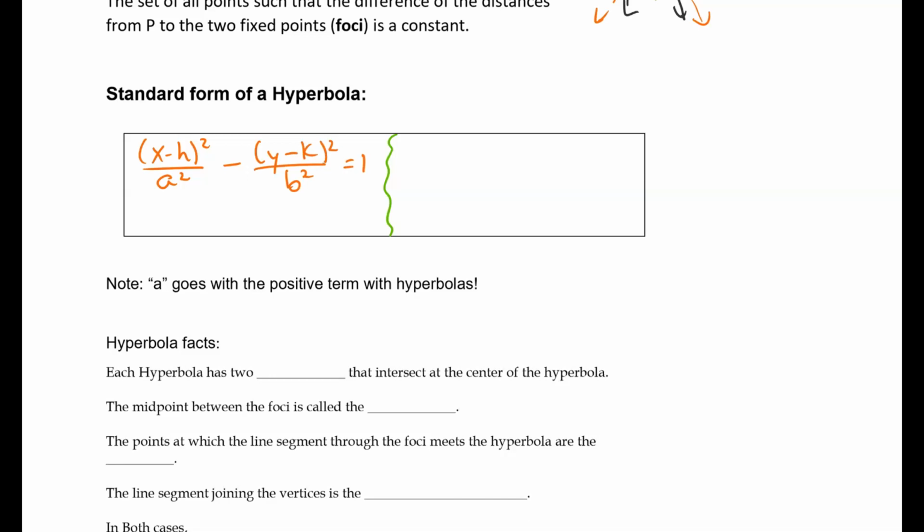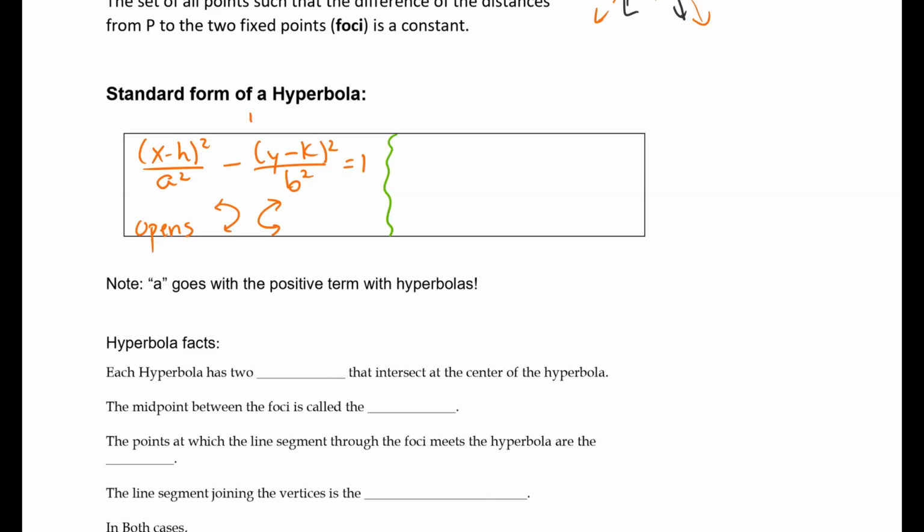Notice it looks almost like an ellipse, but it has a subtraction sign instead of an addition sign. This first one is a hyperbola that opens left, right, so it's going to go to the left or to the right.